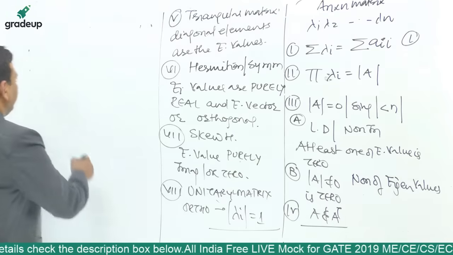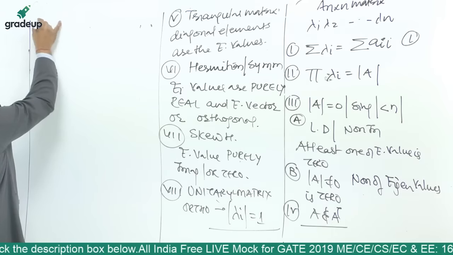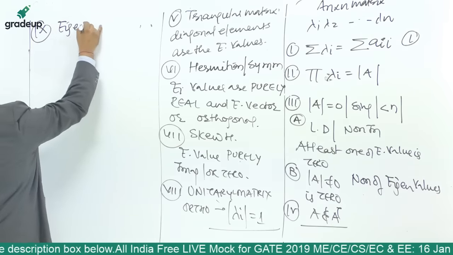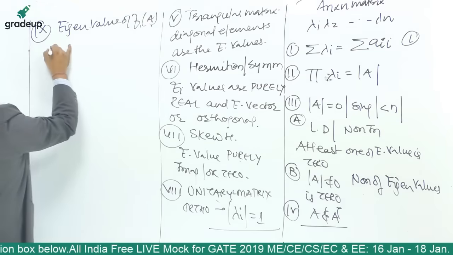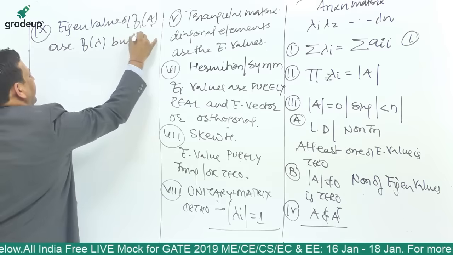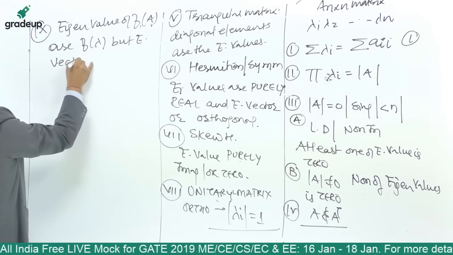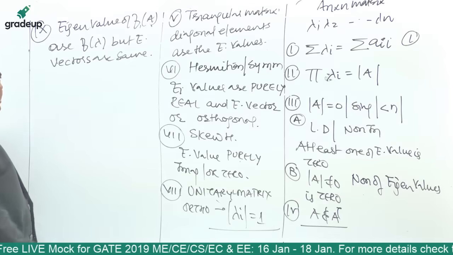Now the ninth one: eigenvalues of f(A), a function of the matrix, are f(lambda), but eigenvectors are the same. So what is the meaning of that?